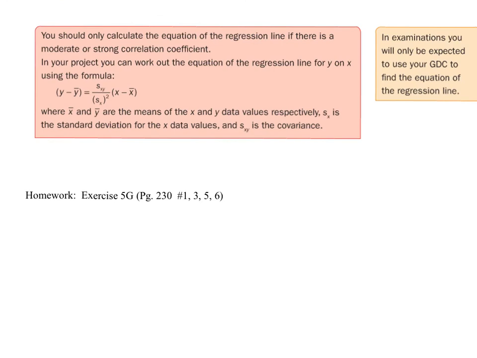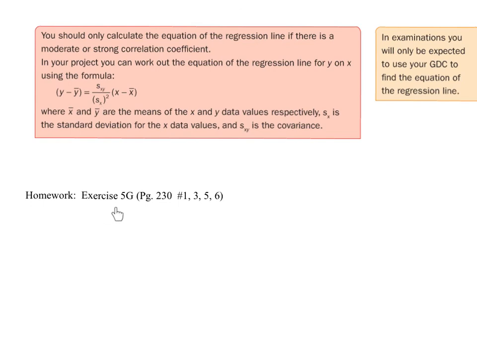But depending on what your IA is looking for, if you have a strong or moderate linear relationship between the data, then you might use this regression line to make a prediction about your data. You would actually have to calculate it, and here is the formula for that. So when the time comes, I just want you to know that it is in your notes, and I can certainly help you with that if you choose to use it in your IA.